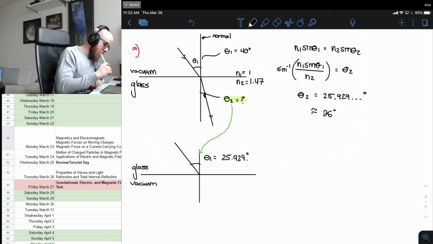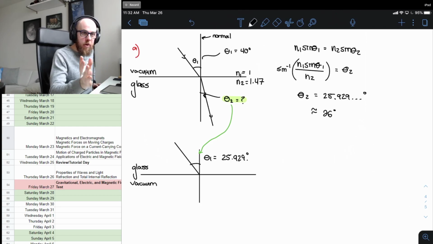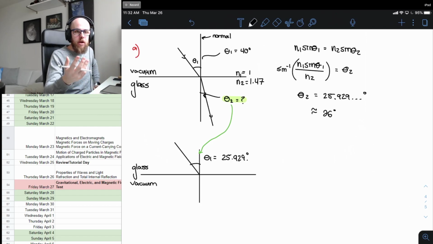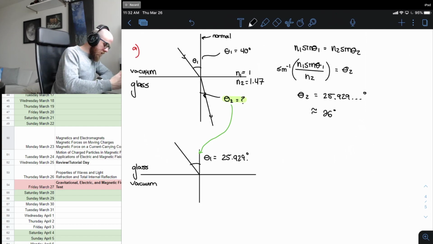Should it be the same value as our original angle of incidence? Yes, but let's see why it ends up being the same value. So this outgoing light ray is going to do something like that. We want to figure out what the new angle of refraction is, so we want to figure out what theta 2 is in this case.